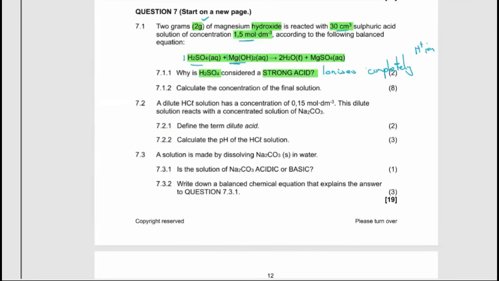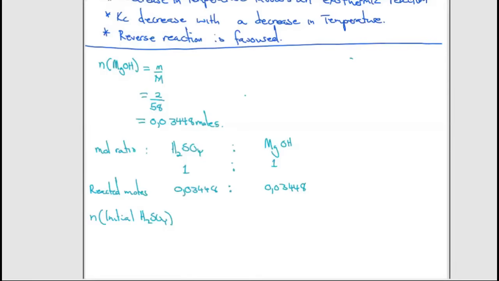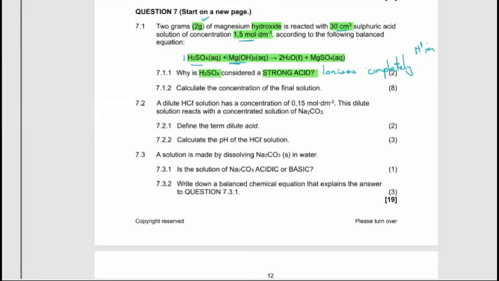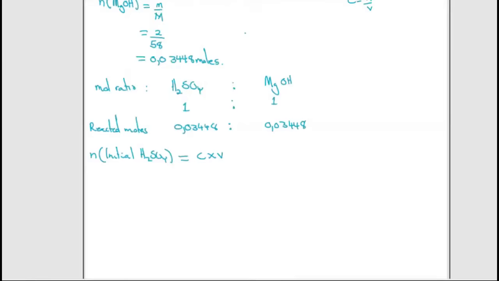Remember, C is equivalent to n over V, so I make n the subject of the formula, which is C multiplied by V. The concentration that I'm given is 1,5 mole per dm cubed, so it's going to be 1,5 multiplied by the volume.